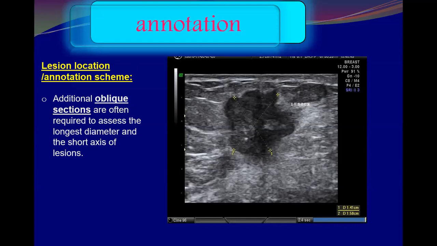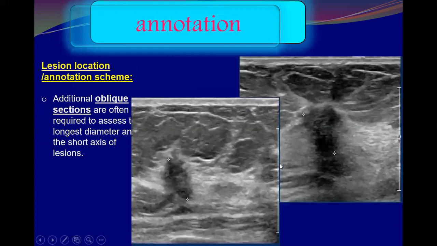We angulate and oblique the transducer until we get the maximum dimension of the lesion, then measure the maximum dimension, and then take a perpendicular measurement to the maximum dimension. Look for the measurement here, the maximum, then perpendicular to the maximum dimension.